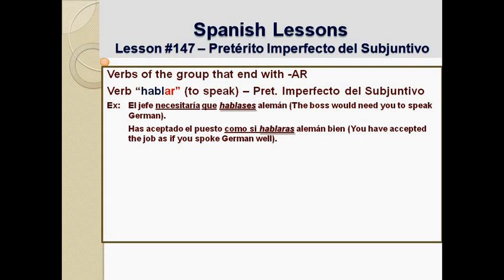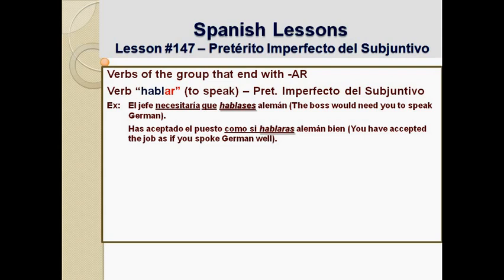Hablaras alemán bien. You spoke German well. So, hablaras here is modo subjuntivo, pretérito imperfecto del subjuntivo. But you can see that there are two different conjugations of the pretérito imperfecto del subjuntivo, hablases and hablaras. And that's true. This tense has two conjugations.